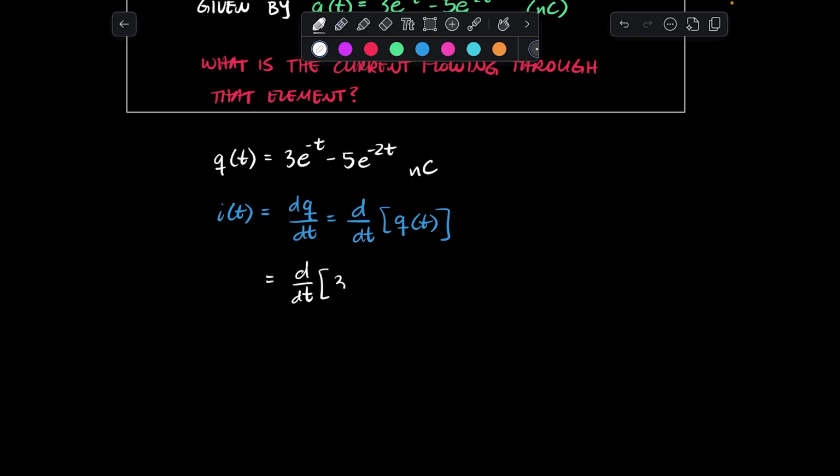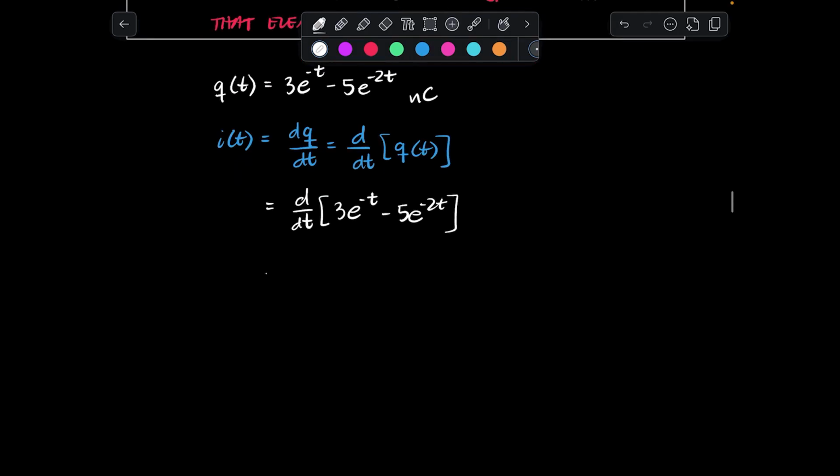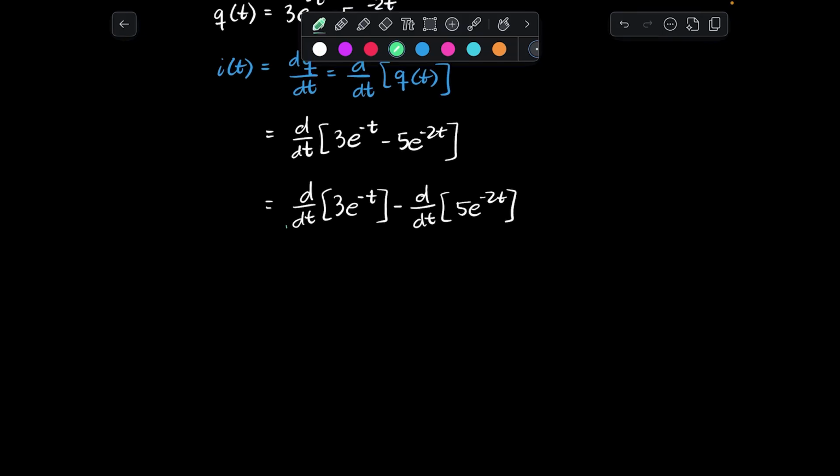So we replace Q with its equation. Break up this derivative into two parts. And let's solve for this first part here.